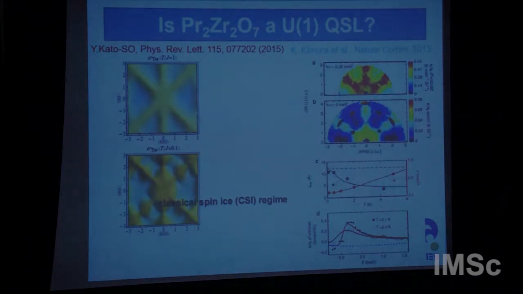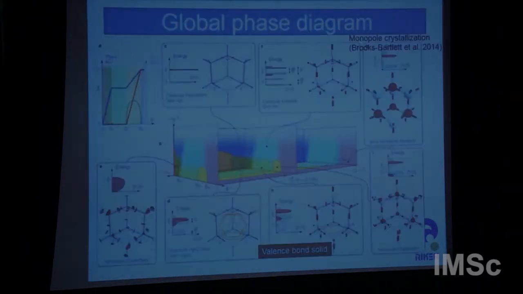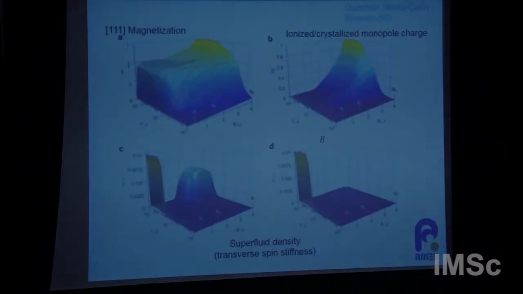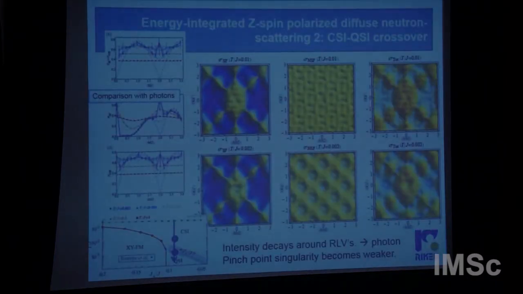So in that sense, this is at least below the classical spin-ice regime, or maybe in a U1 quantum spin liquid regime. Okay, so I already mentioned that when we presented the numerics result. Pinch point intensity exactly at the pinch point will decay on cooling, and when entering the U1 spin liquid regime, then we see some decays.